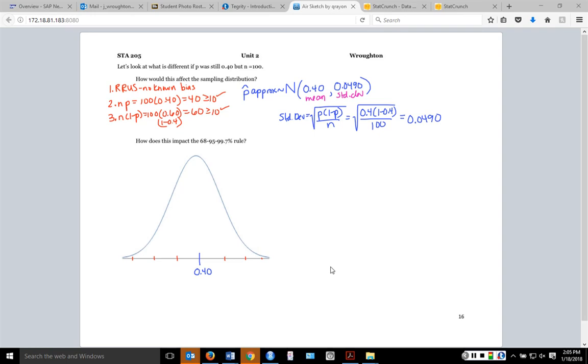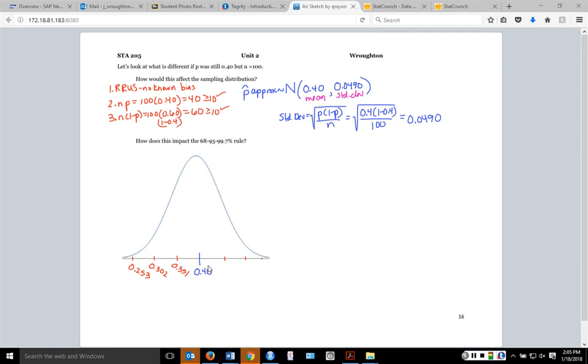But now my distance between them is 0.049. So I'm going to subtract off the 0.049 and get 0.351. Subtract it off again, get 0.302, and subtracting it off again, I get 0.253.